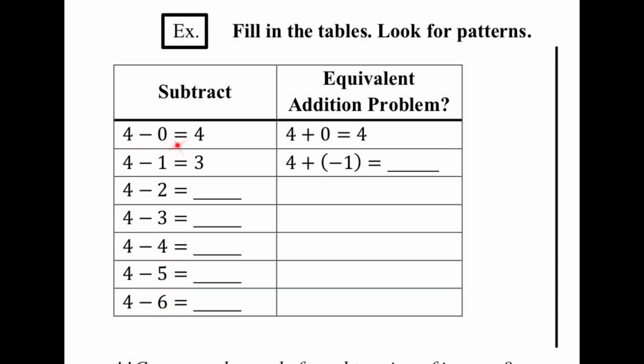So 4 minus 0 is 4. 4 minus 1 is 3. 4 minus 2 is 2. 4 minus 3 is 1. So what is our pattern here? Minus 1, minus 1, minus 1. We're just going on a number line, down 1, down 1, down 1.